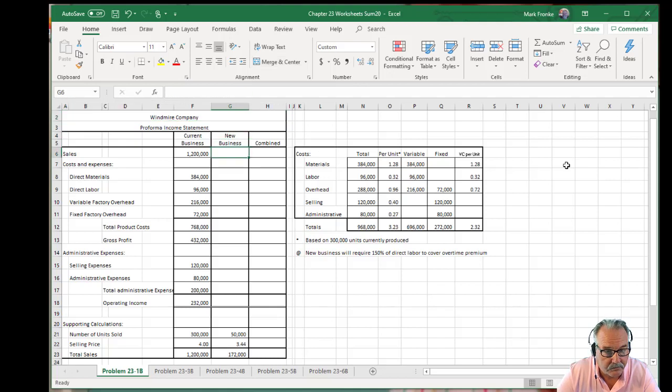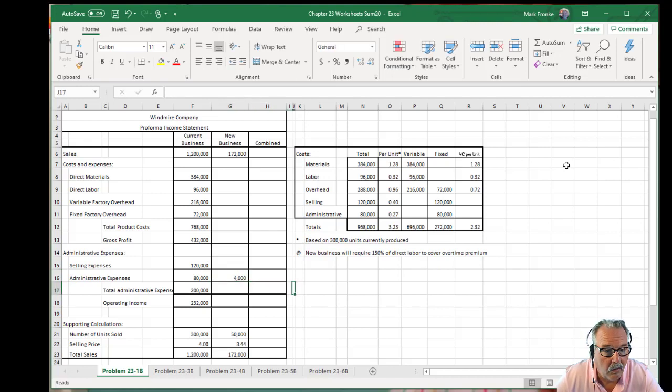So we'll plug that in here, and our job is to figure out are we going to make money? Besides our variable cost, the only fixed cost that we will incur is an additional $4,000 in administrative expenses. So I'll plug that in here.